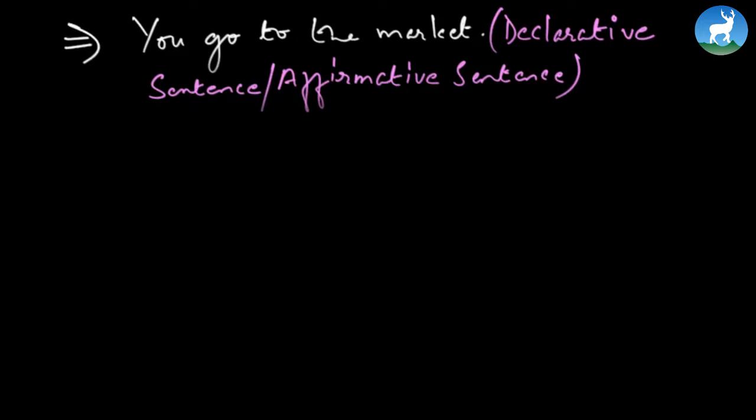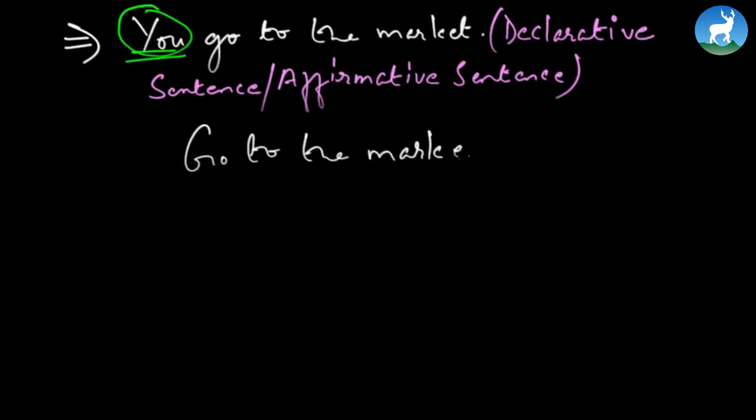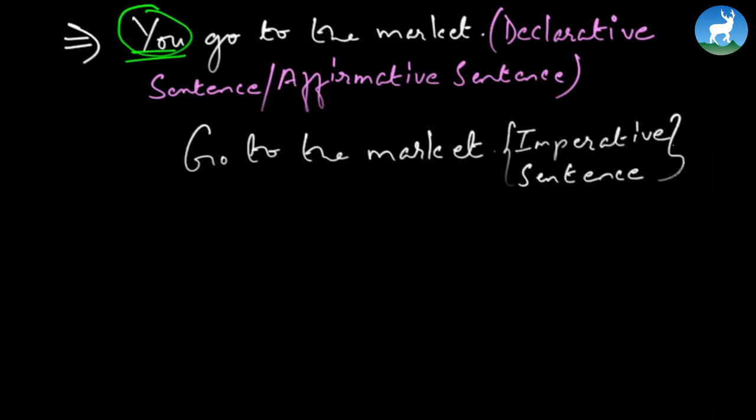Now here the subject is you. If we are to omit the subject here, meaning take this subject out and just give a direct order, go to the market, then instantly it becomes an imperative sentence.